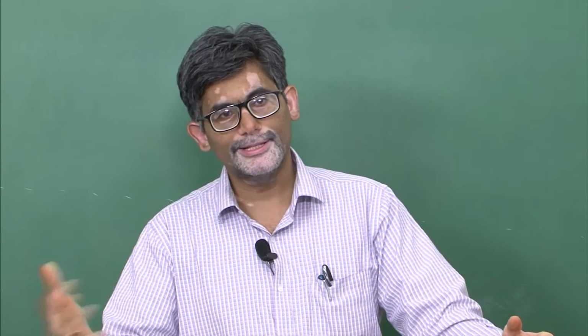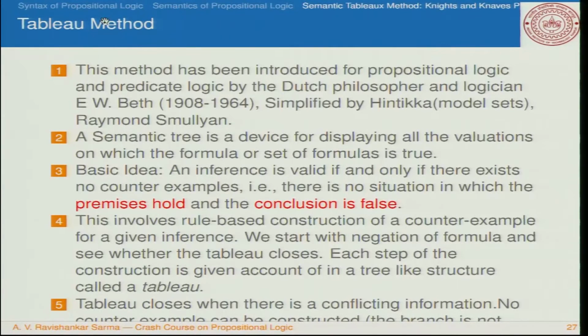Any invalid argument has true premises and a false conclusion. So this method involves a rule-based construction of a counterexample for a given inference. We start with the negation of the given formula, construct a tree diagram for it, and then see whether all the paths of that tree close or not.